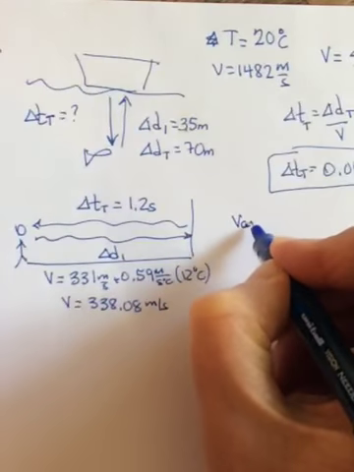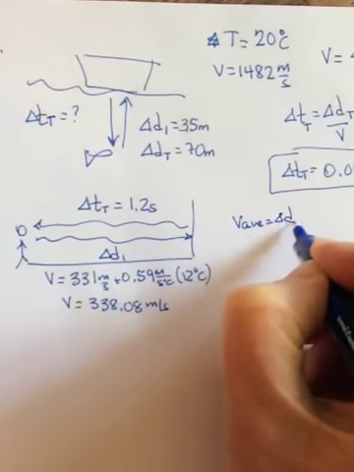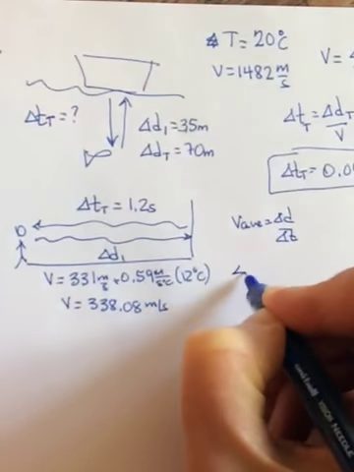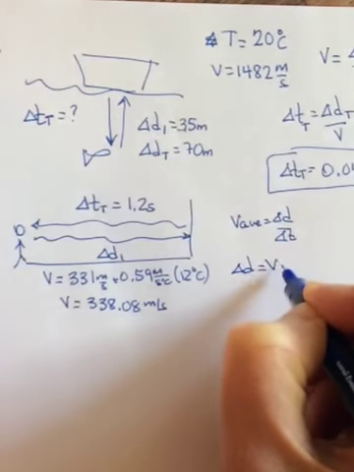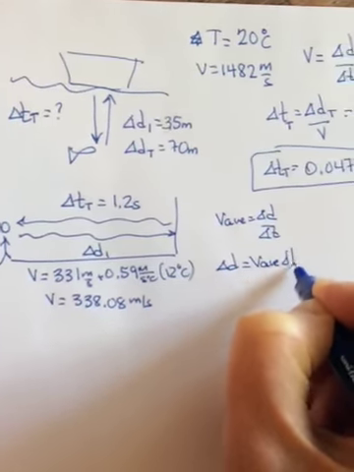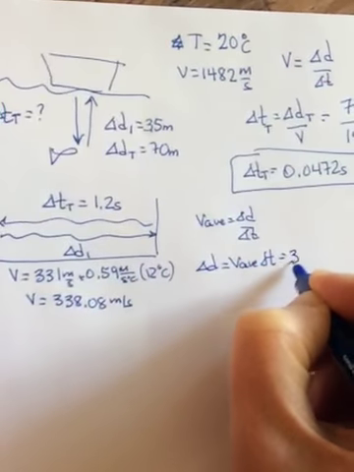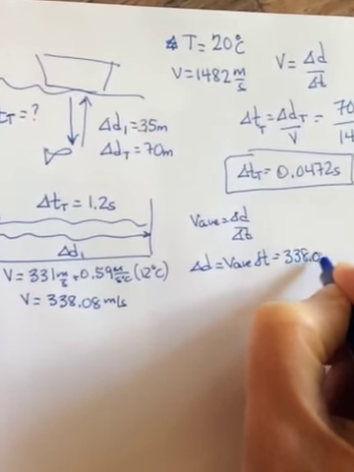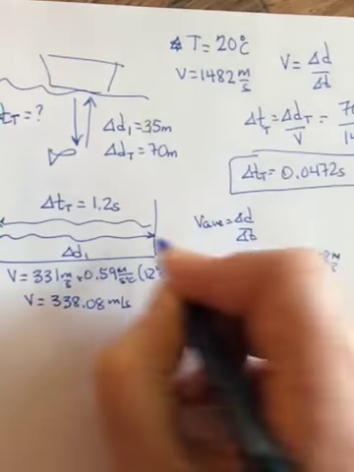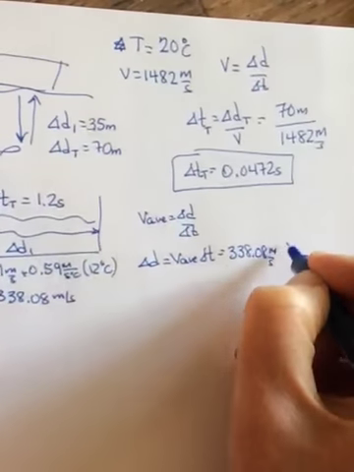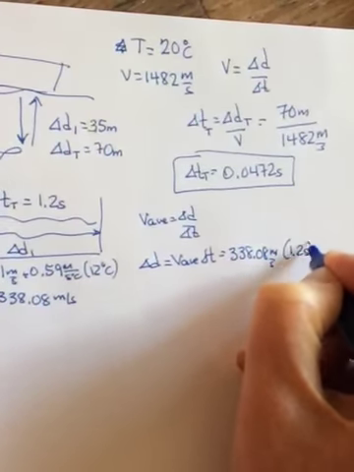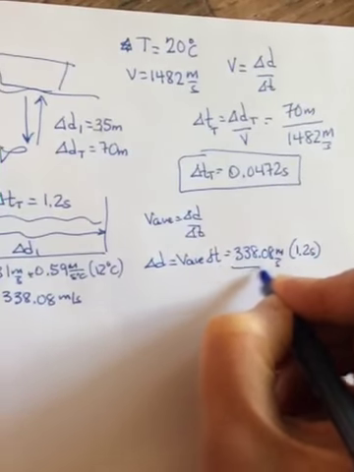So V average is equal to delta D over delta T. So delta D is equal to V average times delta T. So the V average is 338.08 meters per second. Now, our full time is 1.2 seconds. Somewhere you have to divide by 2.